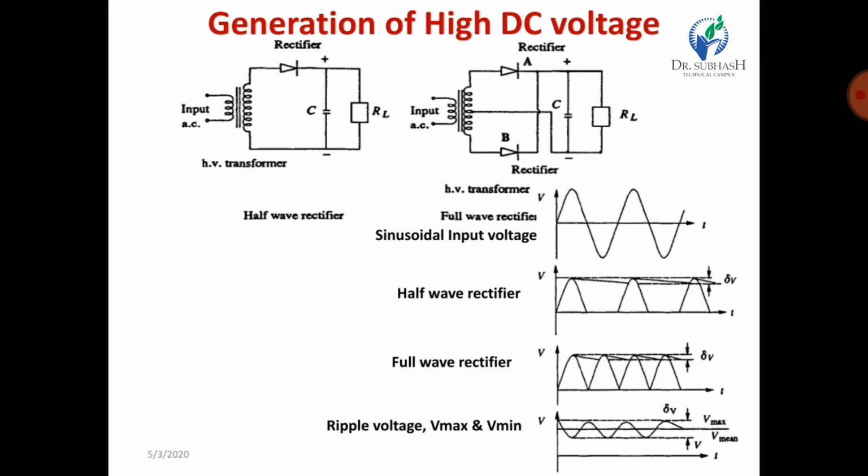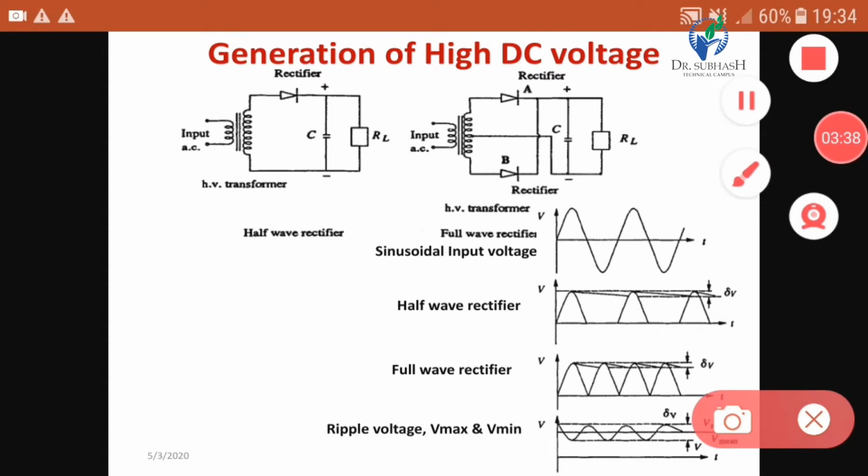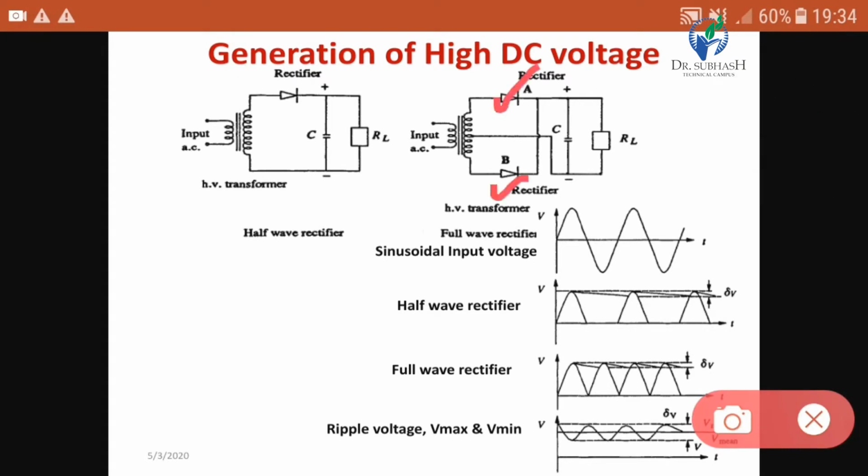In a full wave rectifier there are also positive and negative half cycles. During a positive half cycle diode A becomes forward biased and diode B becomes reverse biased. Here is diode A and here is diode B. During a positive half cycle only diode A will conduct and we get output.